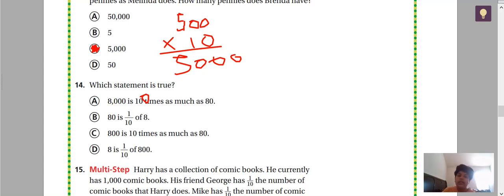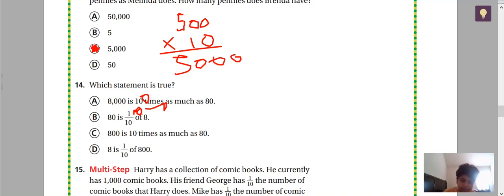Now, 80 is 1/10 of 8? No, 80 is 10 times as much as 8. 800 is 10 times as much as 80?